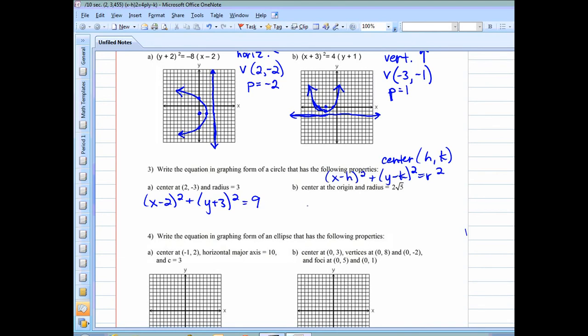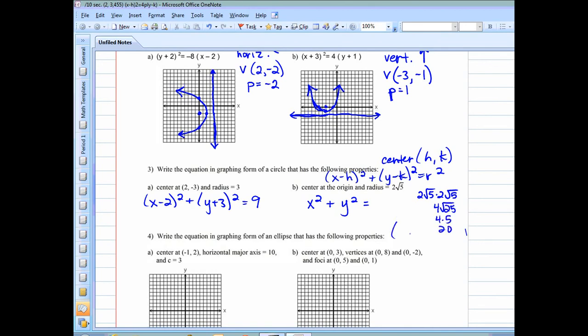The origin, if I have x minus 0 quantity squared, well, x minus 0 is just x, so it's really just x squared plus y squared, because y minus 0 squared is still y squared. And then 2 square root of 5 squared. Well, that's either 2 square root of 5 times 2 square root of 5 when I'm squaring it, which would be 4 square root of 25, which is 4 times 5, or 20.